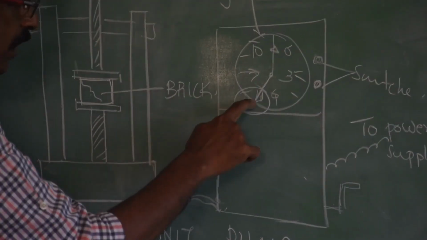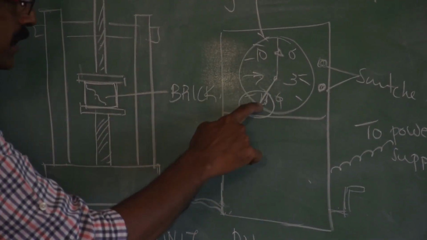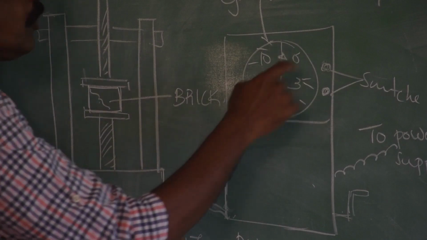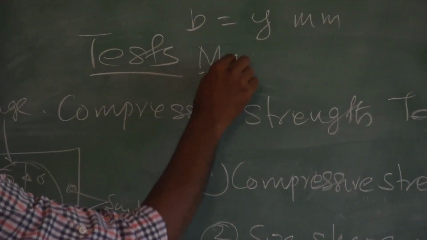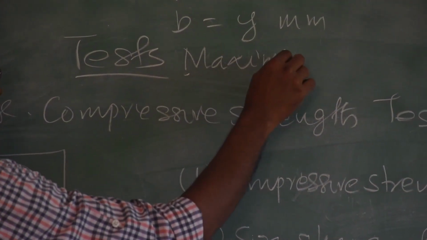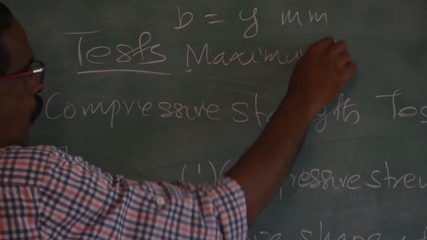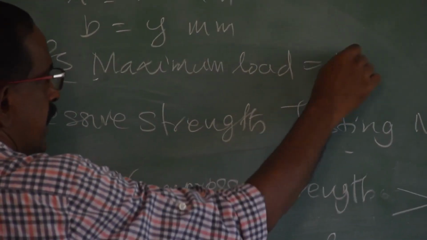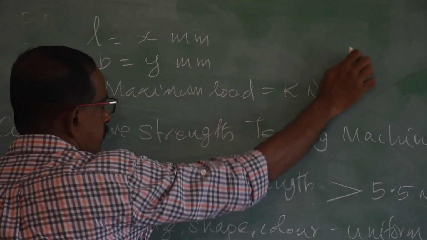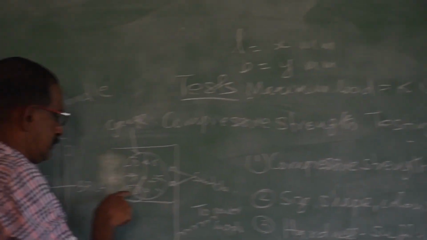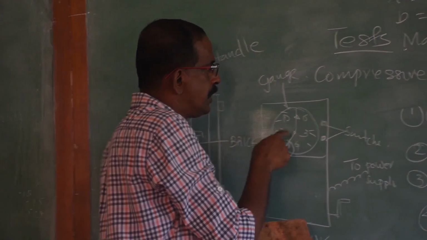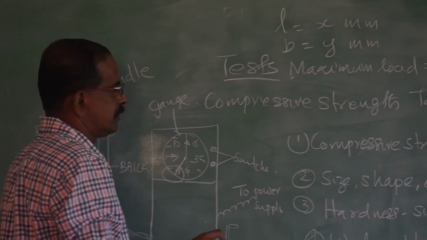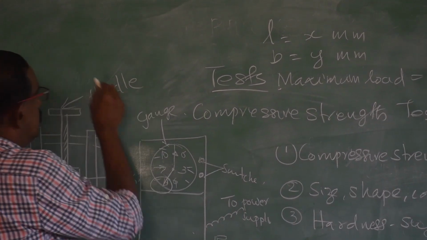Read that value from the dial gauge. That reading is called the maximum load or the failure load. Say K Newton. Now the compressive strength can be calculated.